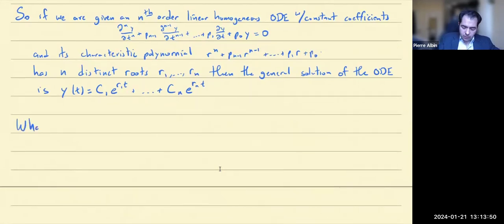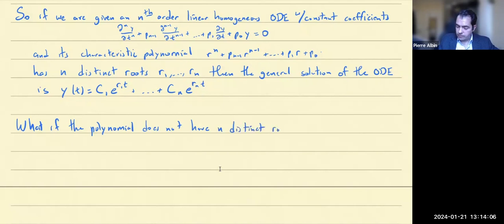Okay, well, what if the polynomial does not have n distinct roots? Let me remind you of the multiplicity of a root.